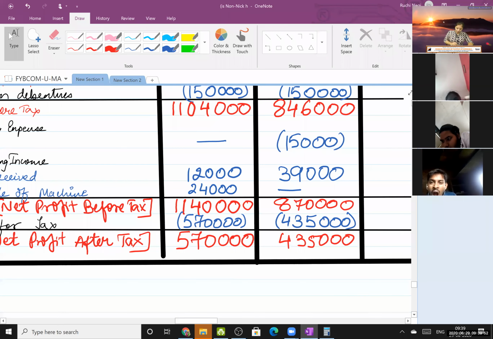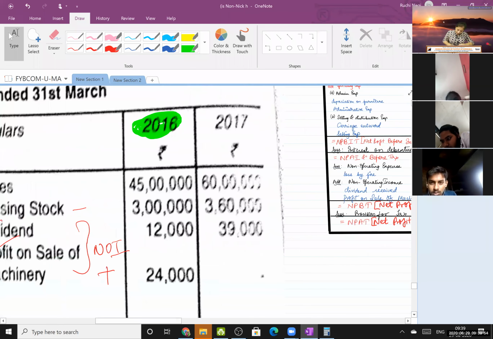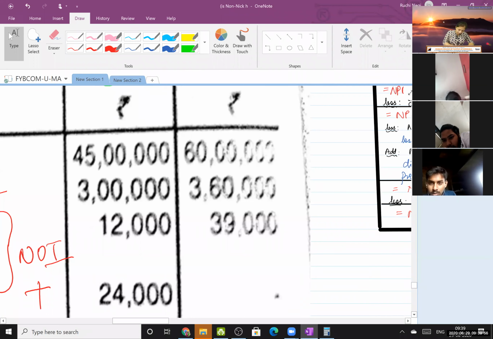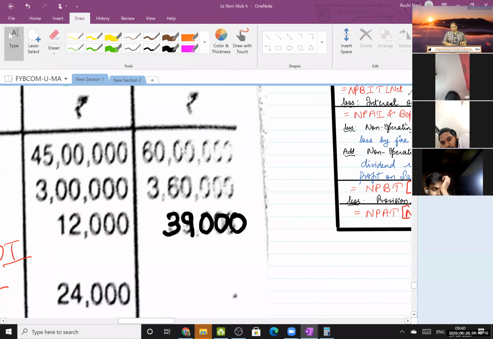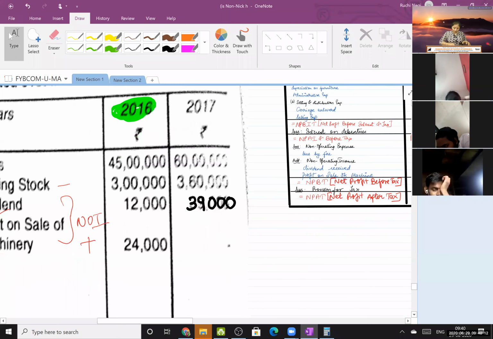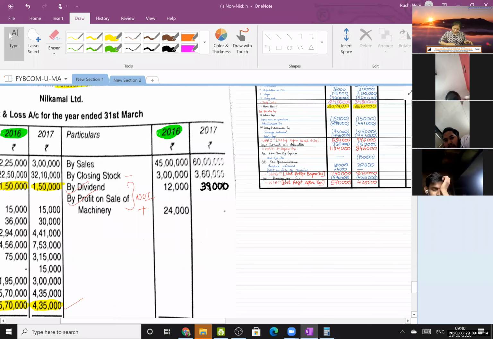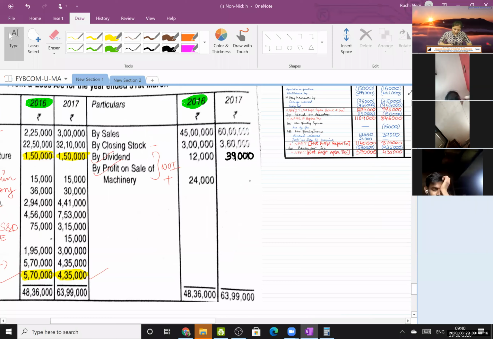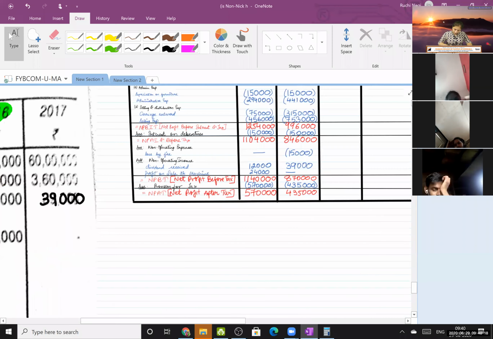Okay, so this is 39. This figure, I thought it was 33. It is 39,000. The figure was a little blurred, so I thought it was 33. It is 39. Okay, so now see, it tallies.